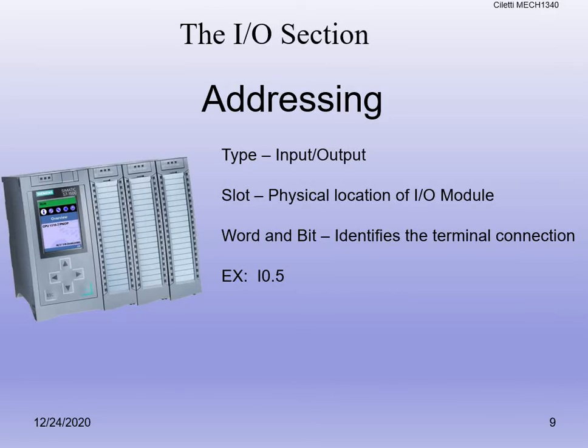So they cannot share slot and bit, if that makes sense. Just to reiterate, I cannot have I 4.2 and I cannot have Q 4.2. They cannot share the same slot and bit. That's why we designate a certain amount of numbers that are going to go to inputs and a certain amount that are going to go to outputs when we wire those in.